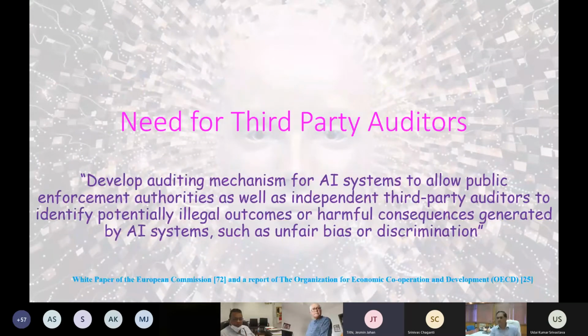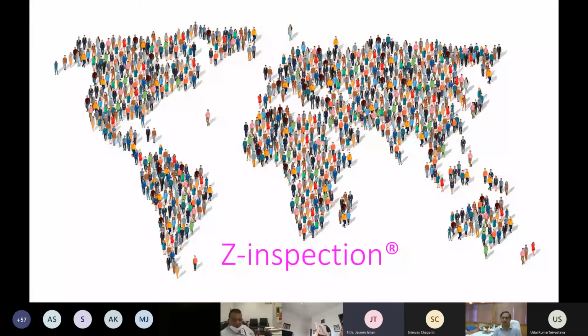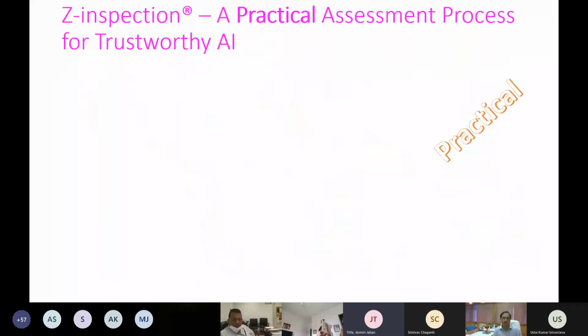The European Commission and the Organisation for Economic Co-operation and Development, OECD, also suggested a similar thing, saying that we should develop auditing mechanisms for AI systems to allow public enforcement authorities as well as independent third-party auditors to identify potentially illegal outcomes or harmful consequences generated by AI systems, such as bias or discrimination. Those are the motivations behind the development of an auditing process such as Z-Inspection.